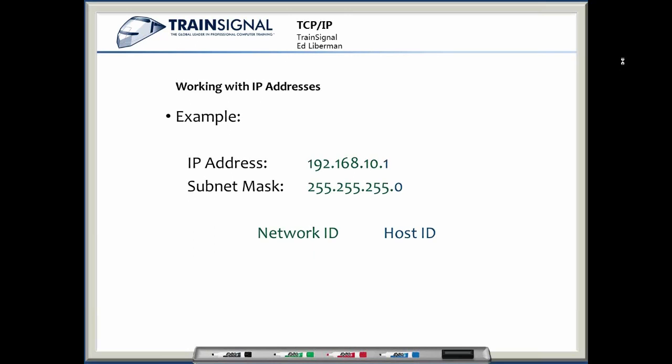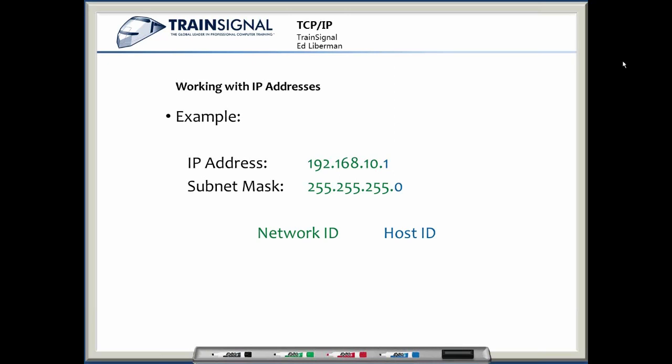Okay, so that's the portion of the IP address. So in this example, I've kind of color-coded this for you. Hopefully you're not colorblind. If you are, I apologize because I have been told that the colors that I'm using aren't bold enough for people who are colorblind. So I apologize if any of you are colorblind. But the 192.168.10 portion of the IP address is the network ID, and then just 1, right?